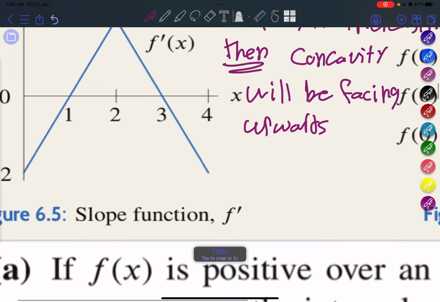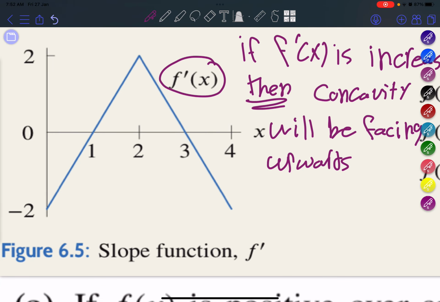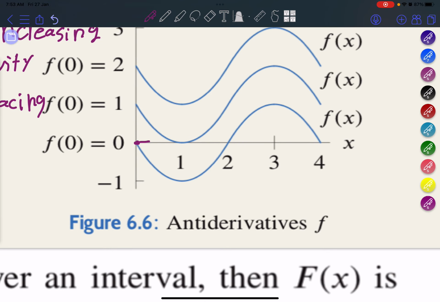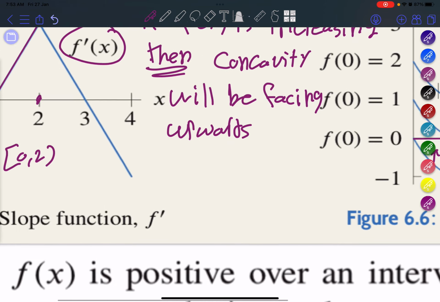Let's see this example. So f prime of x, we see that from the interval 0 to 2, the function is increasing the entire time. Okay, let's take the original function, and we will see that the function is concaving up from 0 to 2, as you can see here.